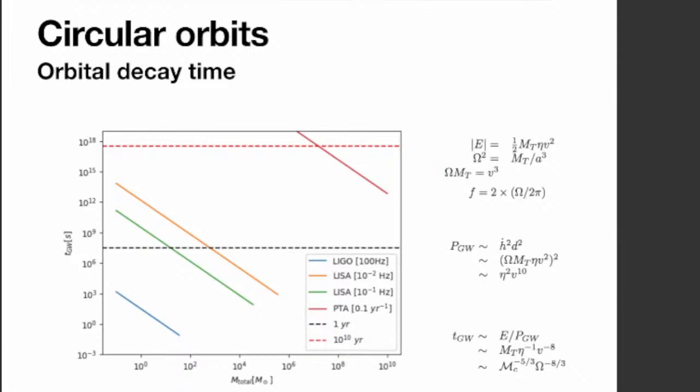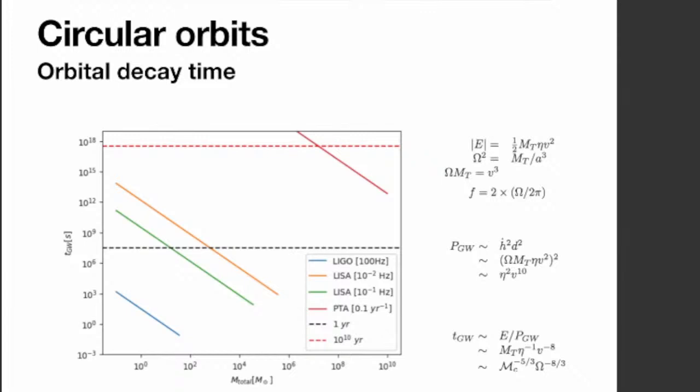So for things that are below here, they will definitely merge before the age of the universe, and you can observe the merger on a human time scale. Things between here and here merge within the age of the universe, but not in a human time scale, okay?